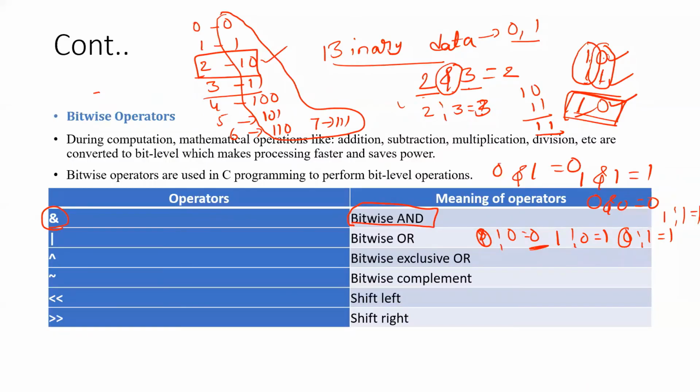Next, the next operator is bitwise exclusive OR.